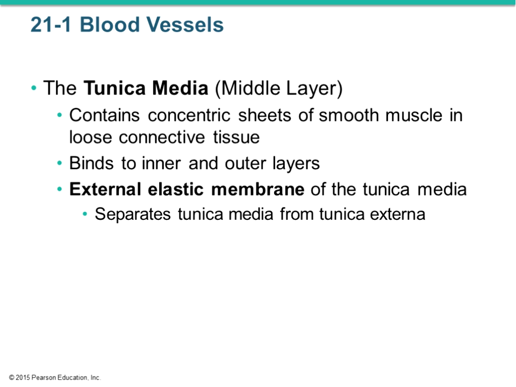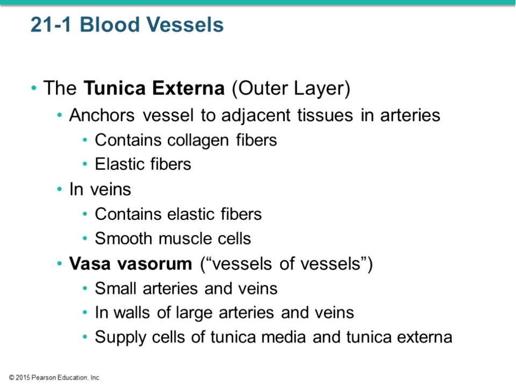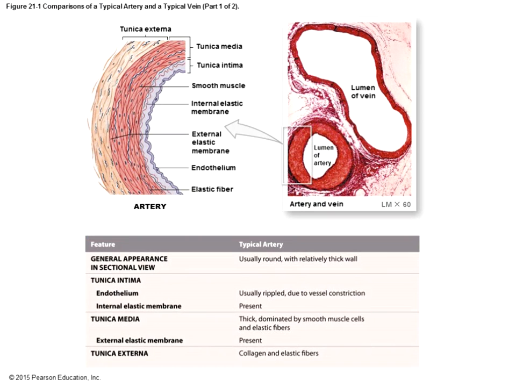Oftentimes we see smooth muscle, maybe some loose connective tissue at this location, and then finally the outer layer, the externa, anchors the vessels, has collagen and some elastic fibers, and there's also what's called the vessels of the vessels, the small arteries and veins supplying blood to this location.